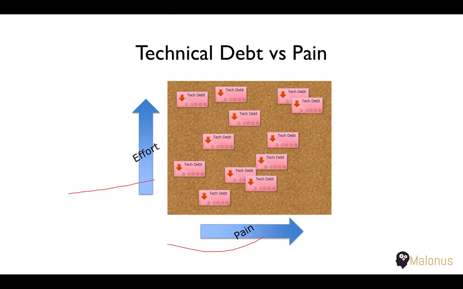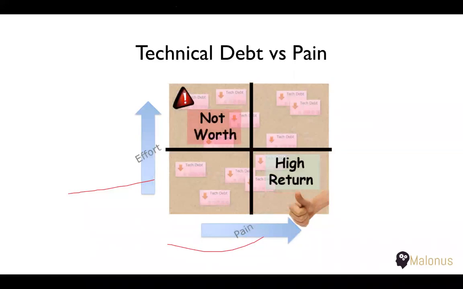So you see the effort versus pain, and this is a kind of graph you see based on these cards. If the effort is huge and the pain is less, then you are not going to do it. In case the effort is less and the pain is high, then these are the high return cards, and you can take them as part of your sprint. Fine.